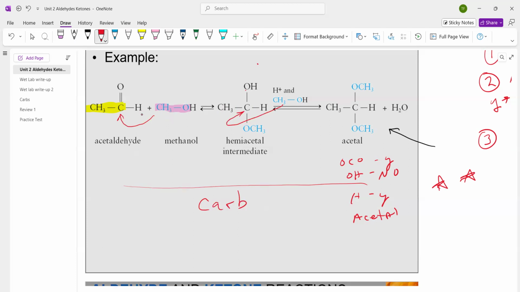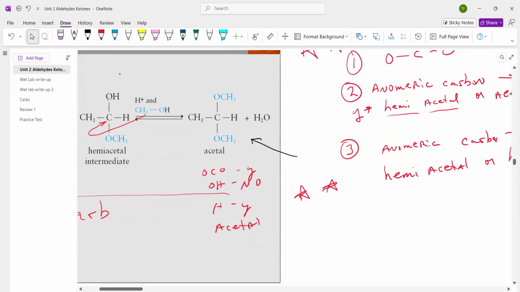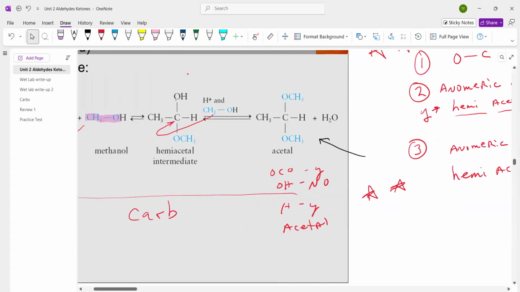So let's look at this now. Number 1, let's look at the middle one first. Okay, so how do you determine whether this is a hemiacetal or an acetal or nothing? Step number 1 is we have OCO.